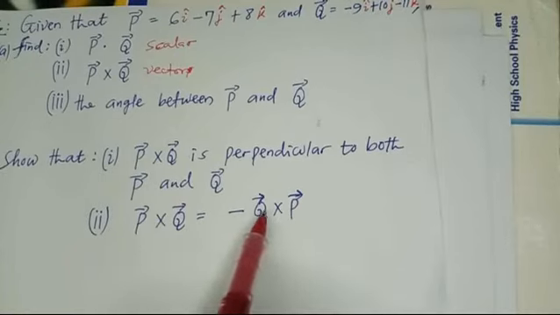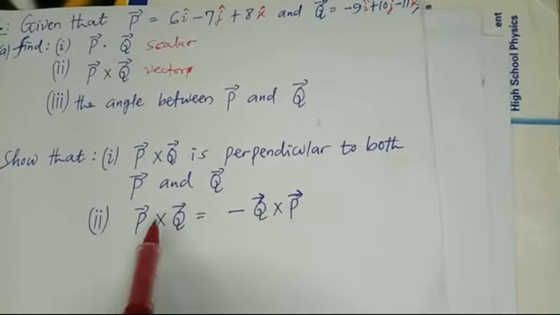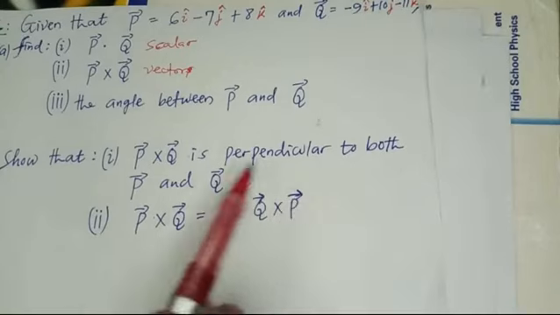In other words, we should be able to show that when we add this one to this one, we will get 0.